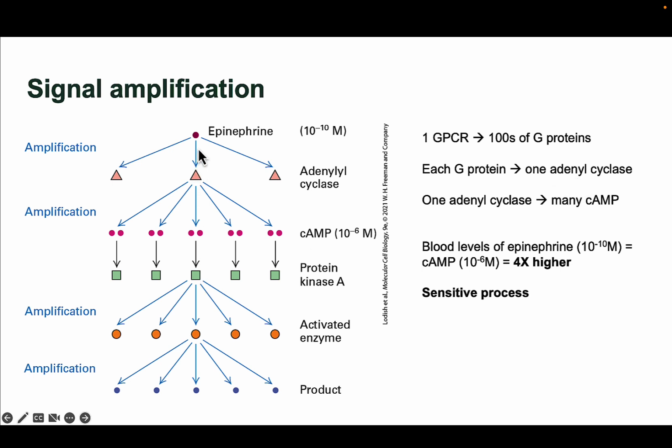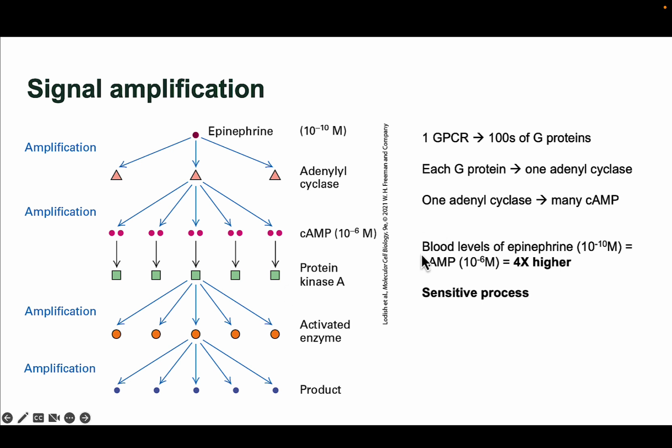But then each adenyl cyclase makes many cyclic AMPs. So cyclic AMP production represents a signal amplification, right? We're turning up the volume on this stereo, so that we can really produce a strong response.